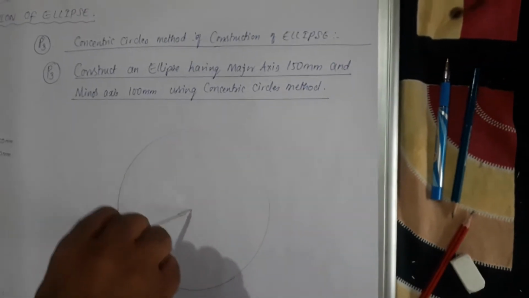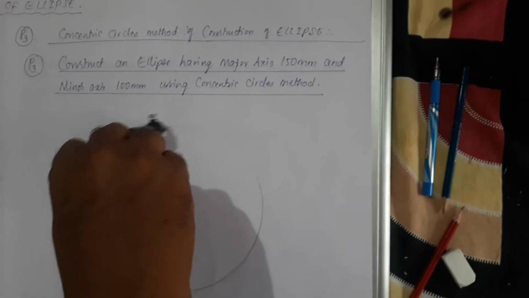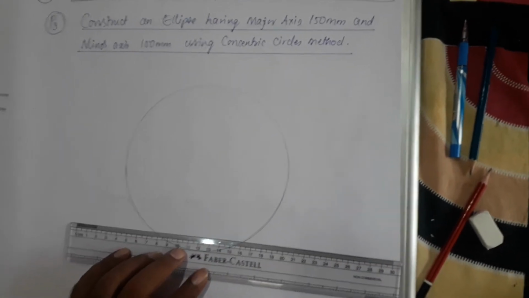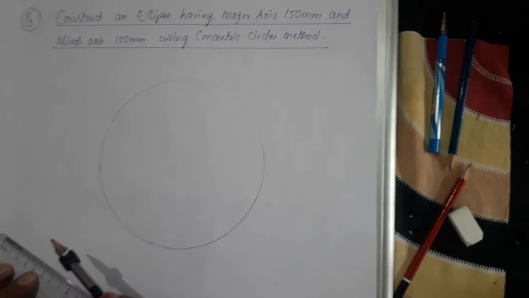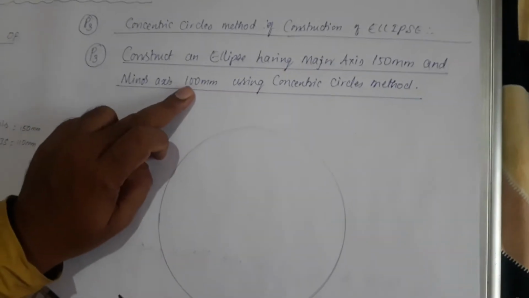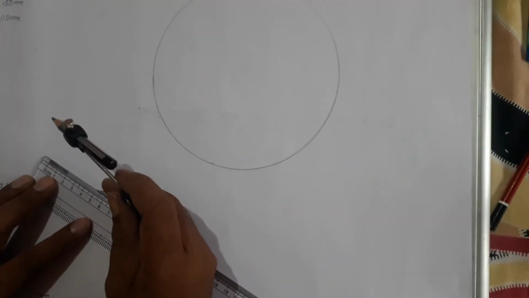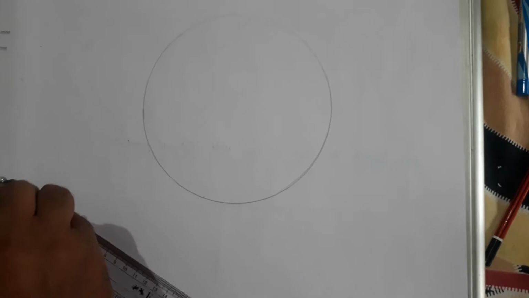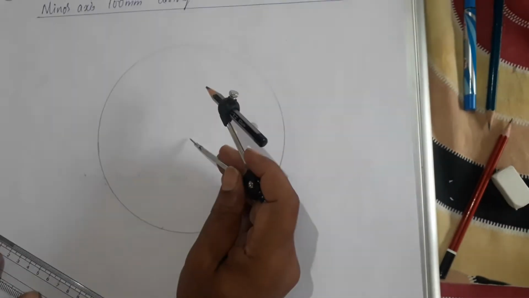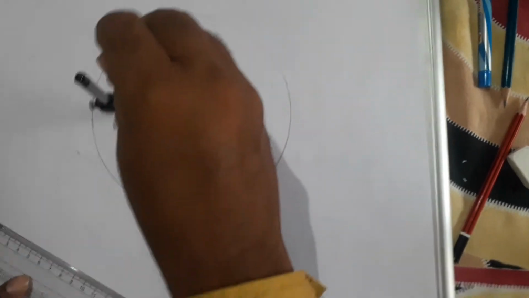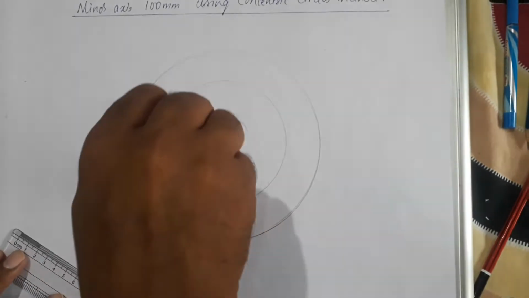Now construct another circle of diameter 100 mm. If the diameter is 100 mm, then the radius is 50 mm. Keep the same center, don't change the center, and construct another circle.